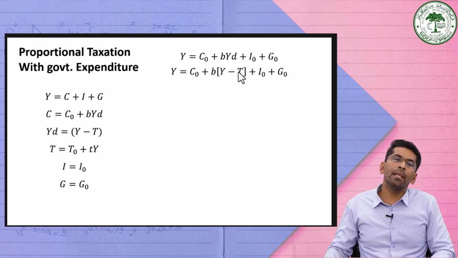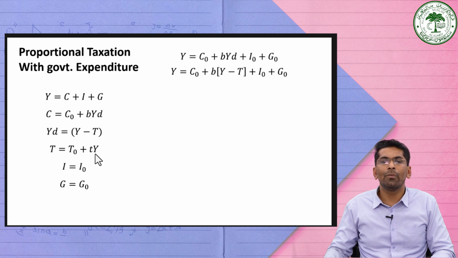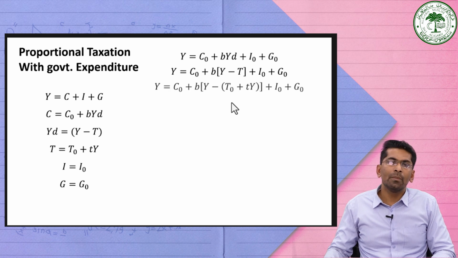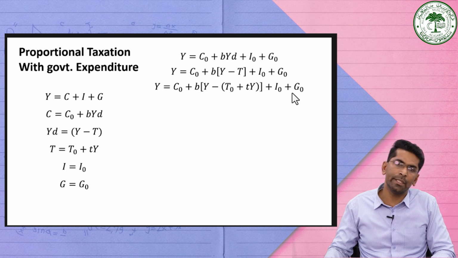Again here T is defined in terms of T0 plus ty. So we are going to substitute T0 plus ty instead of T. So y is equal to C0 plus B into y minus, instead of T, T0 plus ty, plus I0 plus G0.